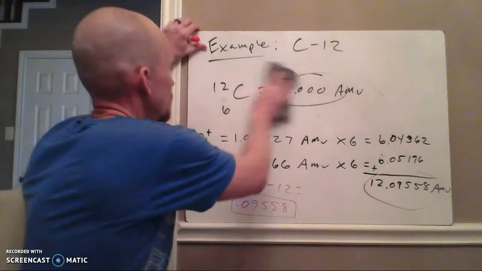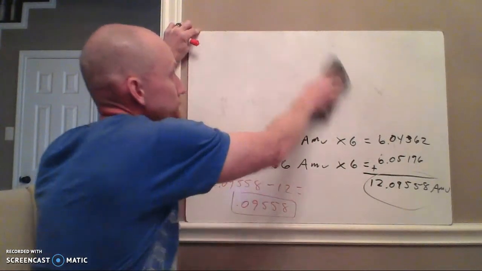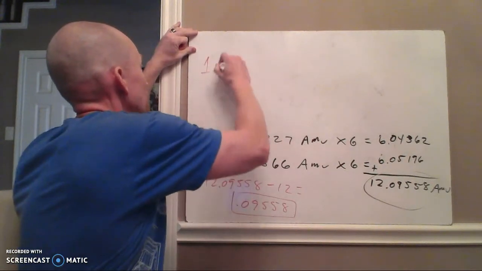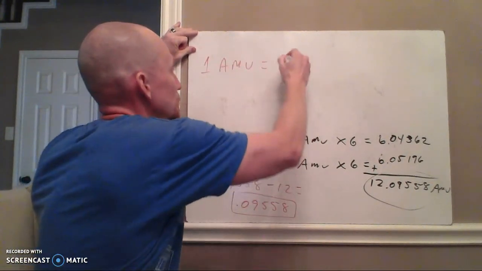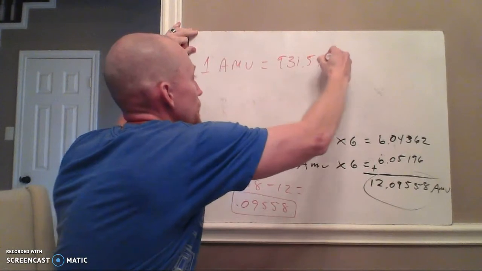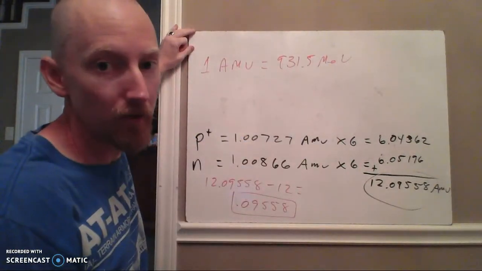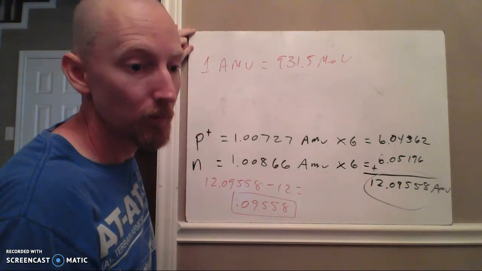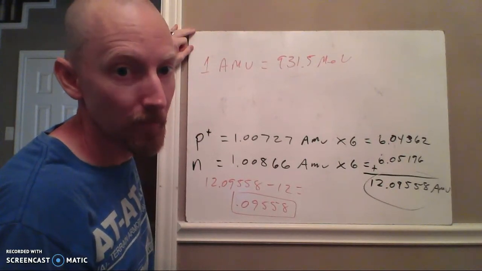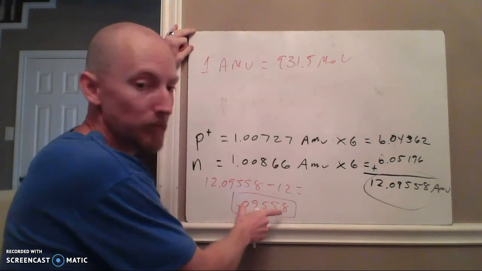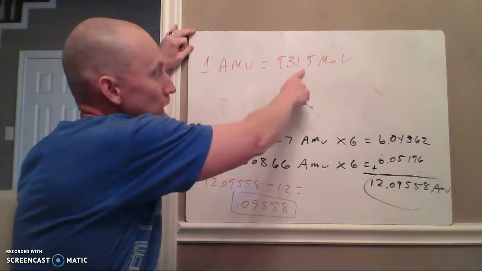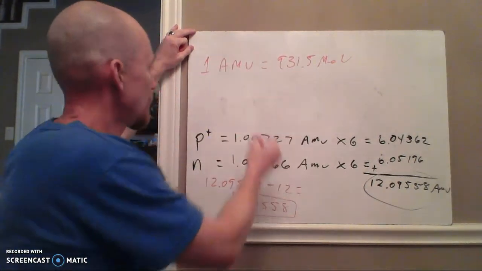In other words, 1 AMU is equal to 931.5 MeV of energy, mega electron volts, which is actually a lot. So even though you just have a little bit of mass, 1 AMU is equivalent to that.